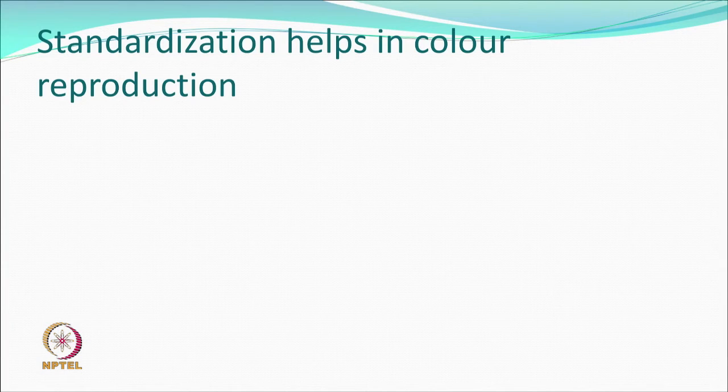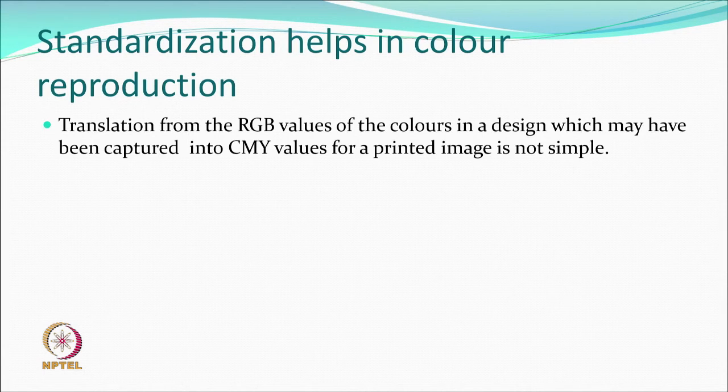So, this is the final thing that we may like to agree, and that is standardization would help in color reproduction, no doubt about that. So, a translation from RGB values, again what we see, converted also by many methods, of a design, whatever design that you have had, may have captured by whichever method you have captured, they have to be converted to, let us say, CMY values for printing on a textile sample, an image.